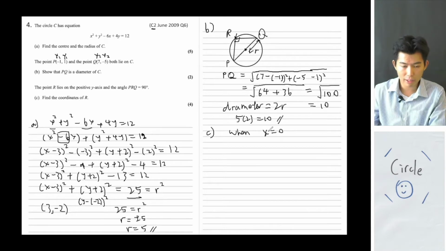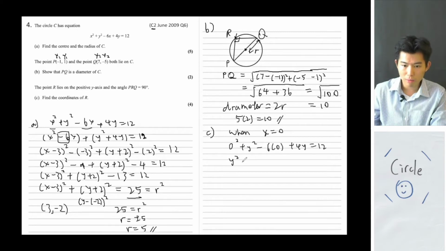If we substitute x equals 0 back into this equation here, 0 squared plus y squared minus 6 times 0 plus 4y equals 12. y squared plus 4y, move this thing to the left, minus 12 equals 0.